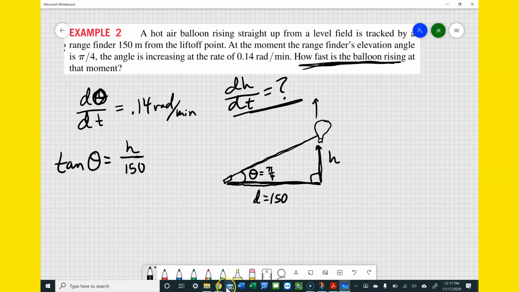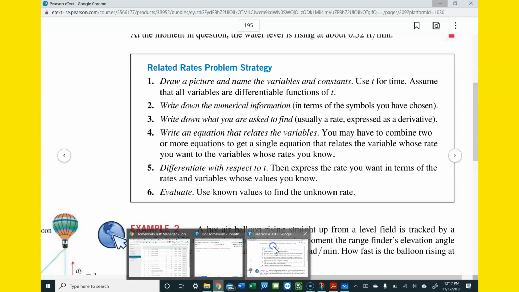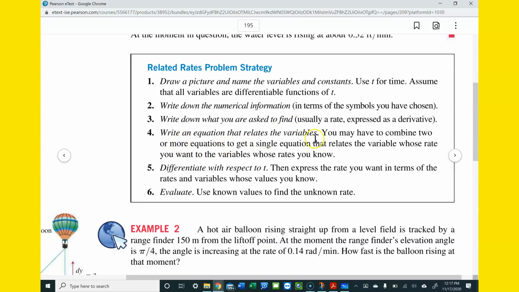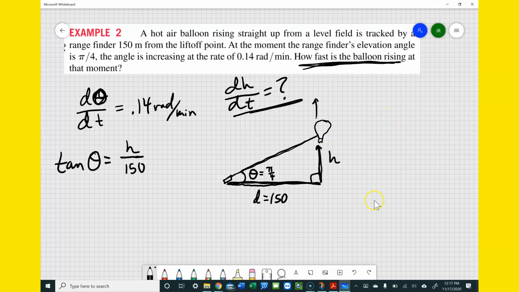All right, what's my next step say? Write an equation that relates the variables. I've already done that. Differentiate with respect to t. So I have written down my variables here. I've written down my equation. Are there any other simplifications I need to make to that equation? Like, can I write h in terms of theta?